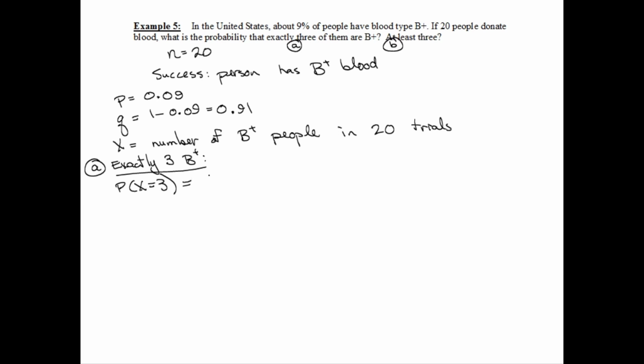So when we do our formula, remember we'll start by doing a combination. Out of the 20 trials, we will choose 3 to be successful. Then we'll multiply by the probability of success raised to the number of successes, and then the probability of failure raised to the number of failures. 20 trials, 3 successes, therefore we have 17 failures. You should get about 0.1672.